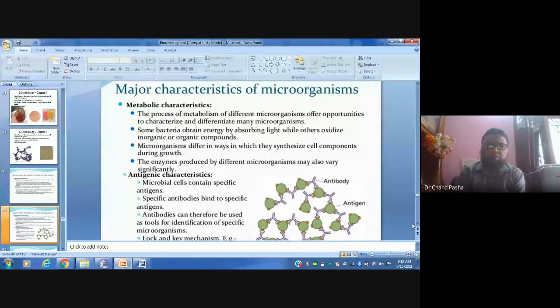We have specific antibodies with us, and we add different types of cells to those antibodies. When the antigen, the cell, binds with the antibody and gives a precipitation or fluorescence, it confirms that the bacteria is specific to that antibody.